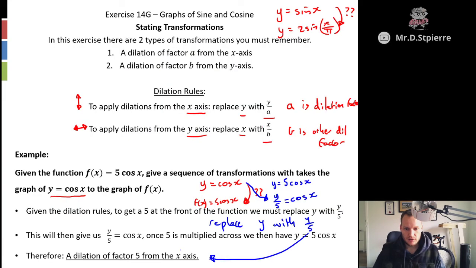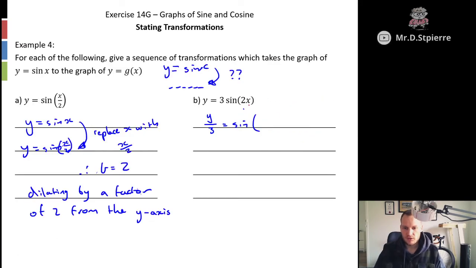And we need to recognize that we're replacing x with a fraction, okay, and the actual factor is on the bottom. It's in the denominator. So we need to almost turn this 2x into x on something. We need to get it in that form. Well, how do we do that?